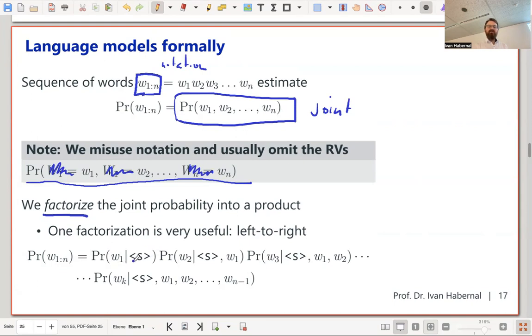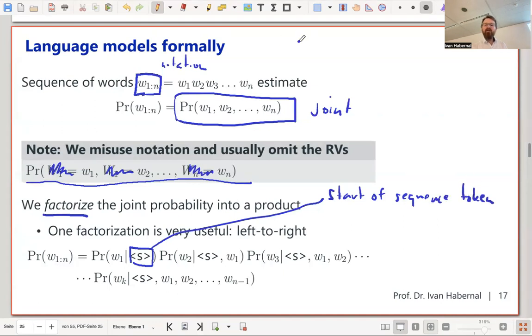So this is what could be the S? Okay, this is a good question. What is S? We didn't define it. Yeah, it's a special symbol, a start of sequence, or start of sentence, token. So we added an extra S, the cat said, right?